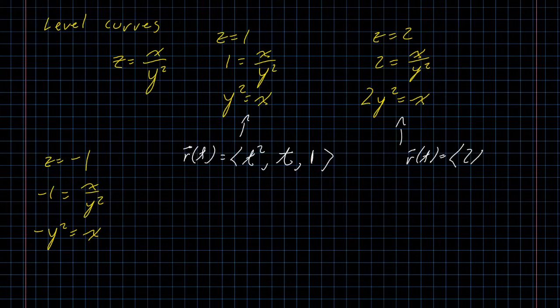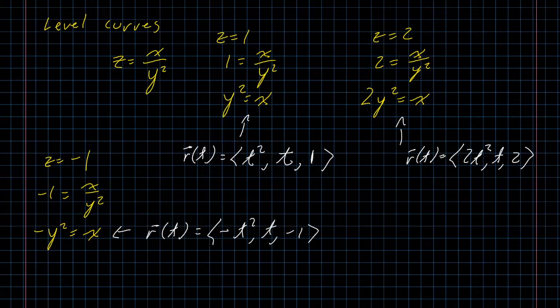Likewise, we'll end up with 2t squared, t, 2 for this one, and we'll end up with opposite of t squared, t, -1 over here. And we can plot these curves on our graph as well.